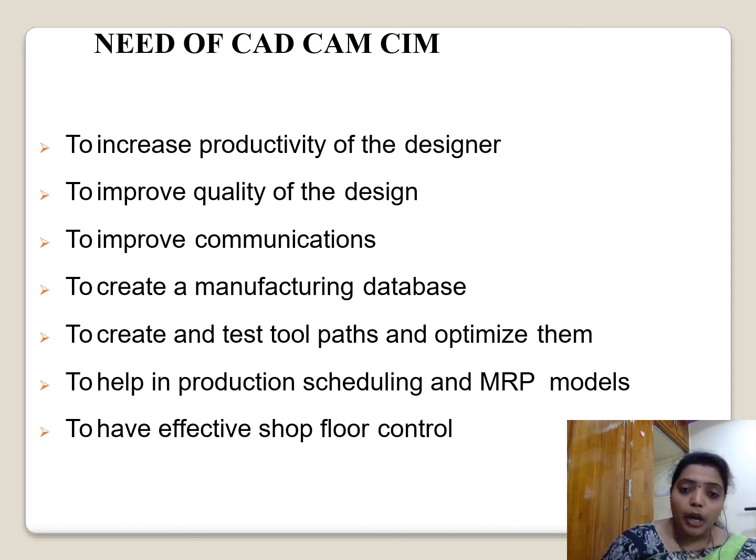To help in production scheduling and MRP models. Production scheduling means that if one object is ready for production, it can be manufactured directly in the production department, and it can go through every process, and afterward checking, testing, everything will go on one by one.